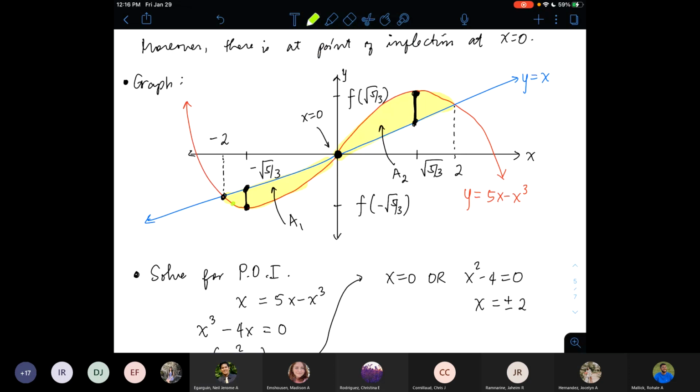If I draw a horizontal strip here, I hope you are seeing the green line I'm drawing. This horizontal strip will have the red function minus the red function. But unfortunately, that will not cancel each other out, because if you solve for x in terms of y, you will have an equation for this part of the red function and a slightly different expression for the left part of the red function.